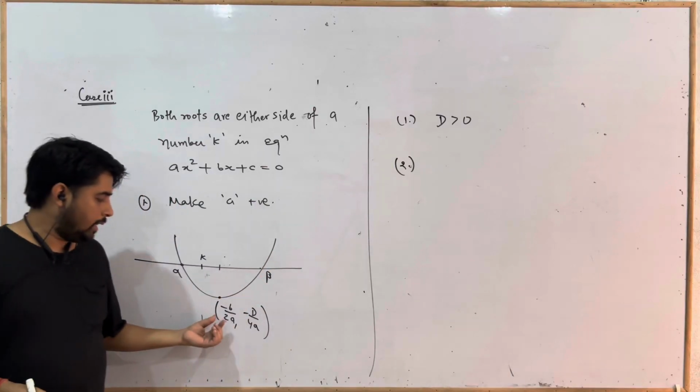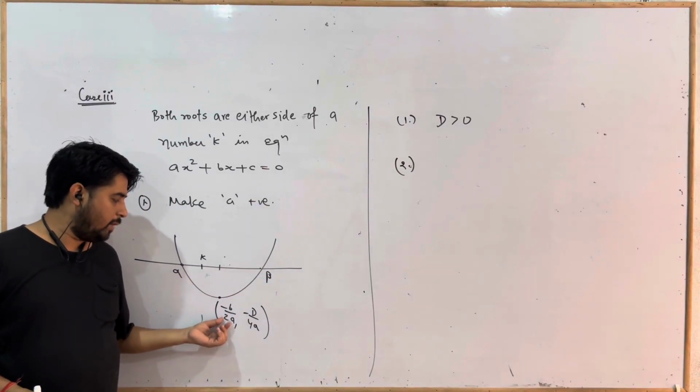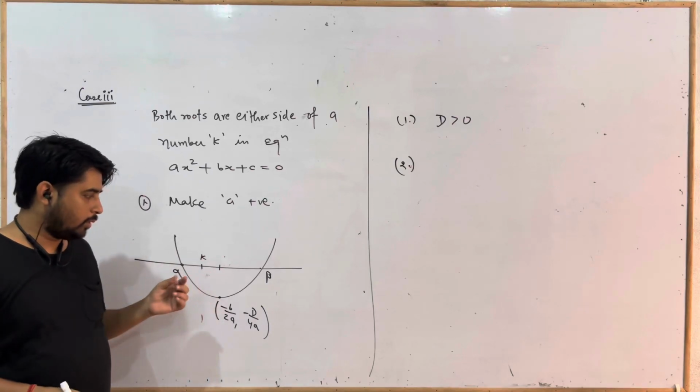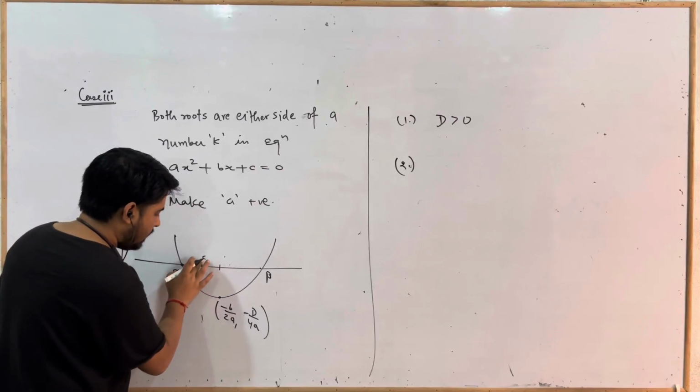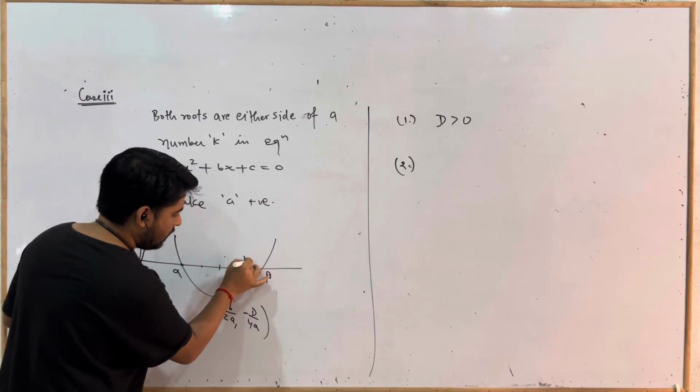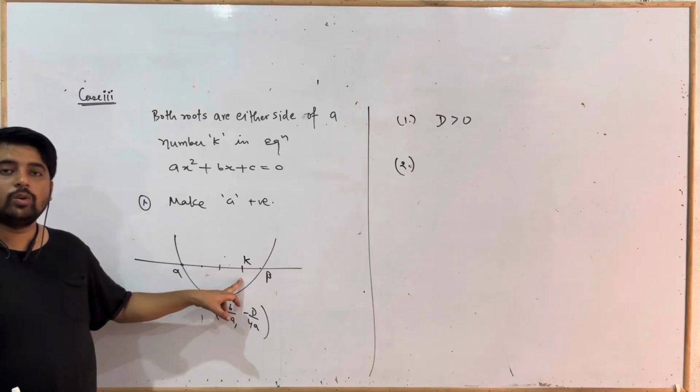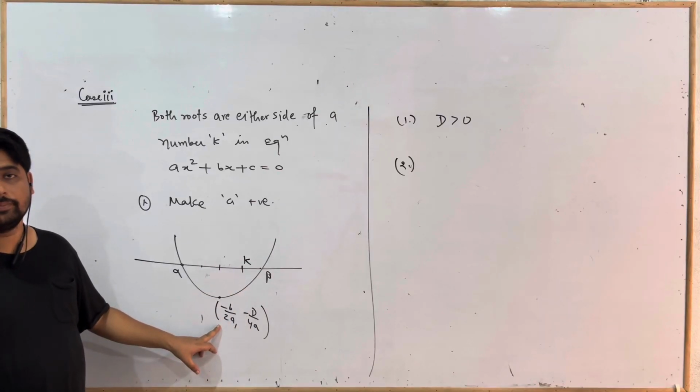Now in this case, minus b by 2a is greater than k. This k is between alpha and beta. If I put k here, now in this case k is greater than minus b by 2a.